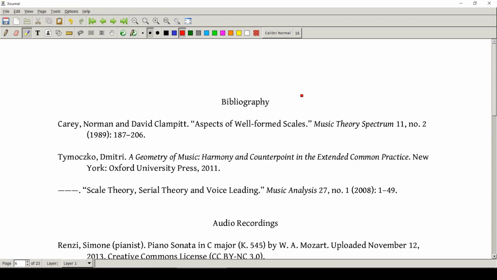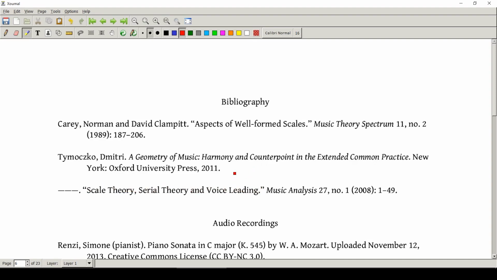The general principle we talked about today, where if you know where the root of the first chord goes, you know where everything else goes, the article that talks about that is this one right here. Scale Theory, Serial Theory, and Voice Leading by Dmitri Tymoczko.